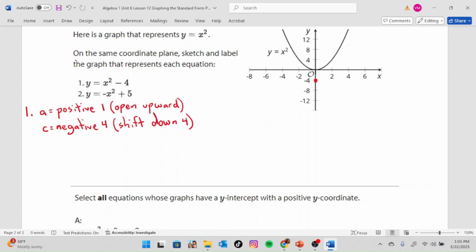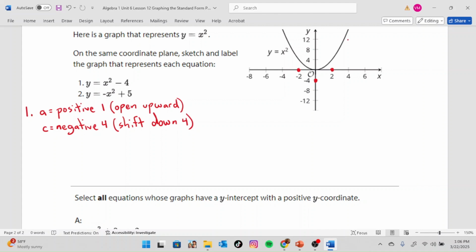Now, I need a few more points, and you can either just try to eyeball this and shift it down, or you can go ahead and pick some numbers. If I put 2 in there, 2 squared is 4, and 4 minus 4 is 0. So I'm going to have x-intercepts at 2 and at negative 2. Then if I put 4 in there, 4 squared is 16, minus 4 is 12.